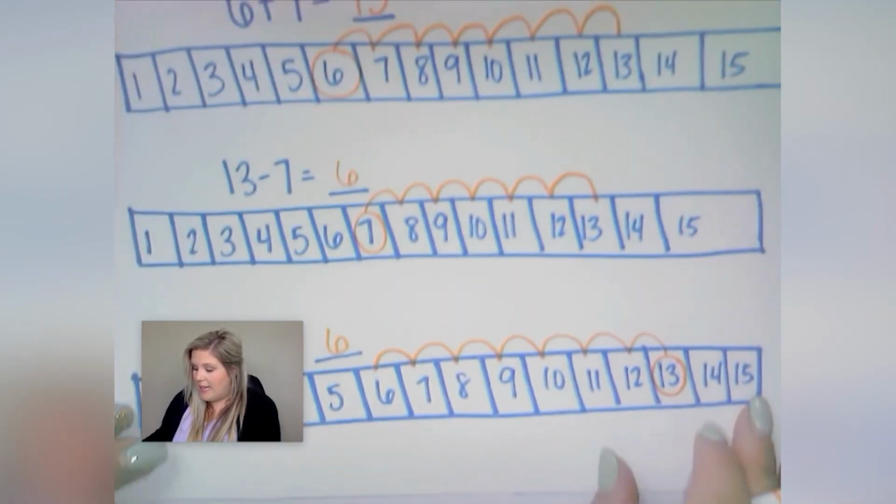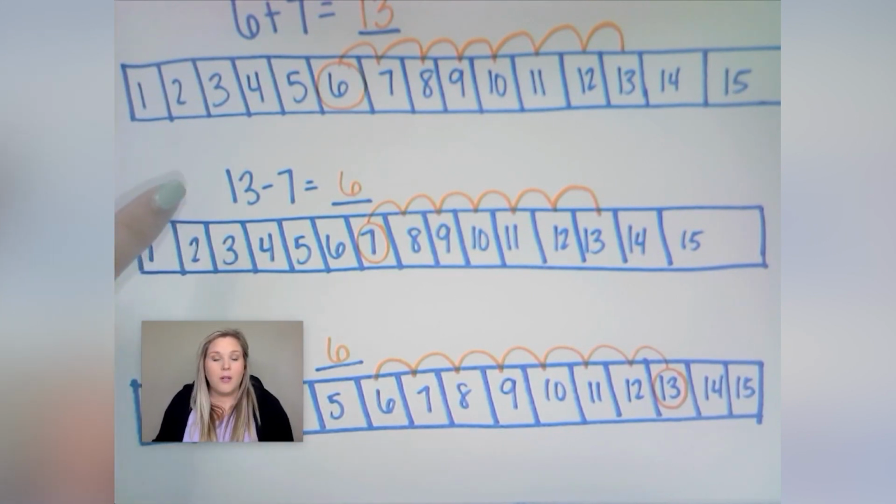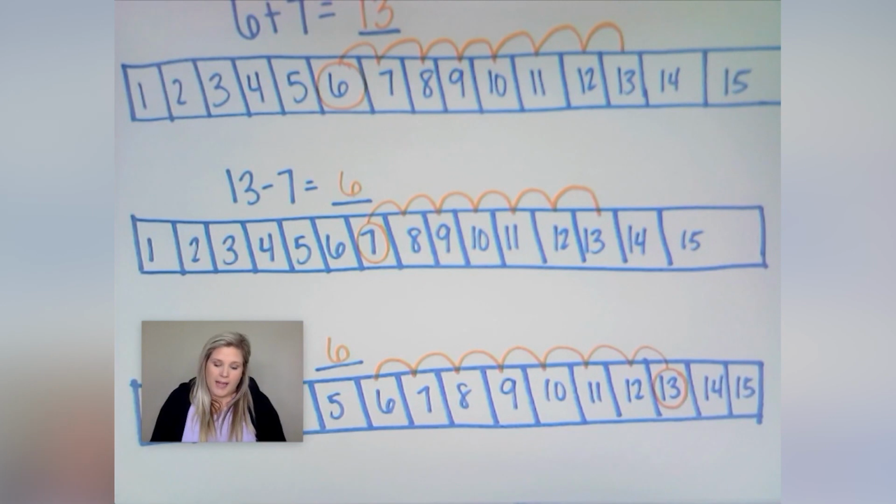Do you see that I was able to find the same answer to the same problem, but doing it 2 different ways? Excellent. When we hopped back 7, we landed on 6. That means that 6 is still our missing number. Excellent job.